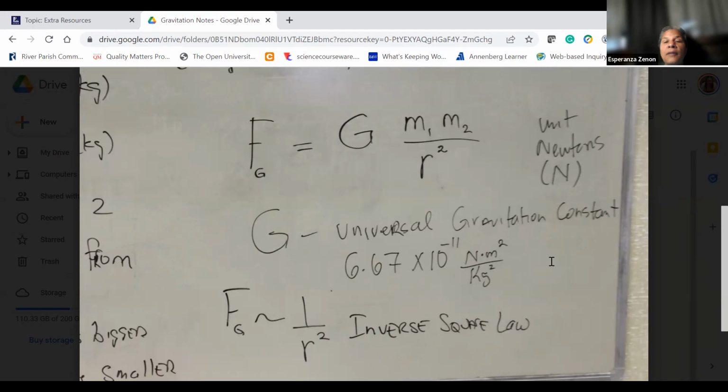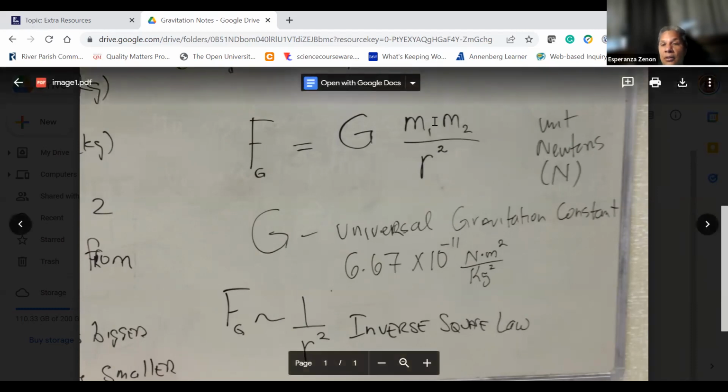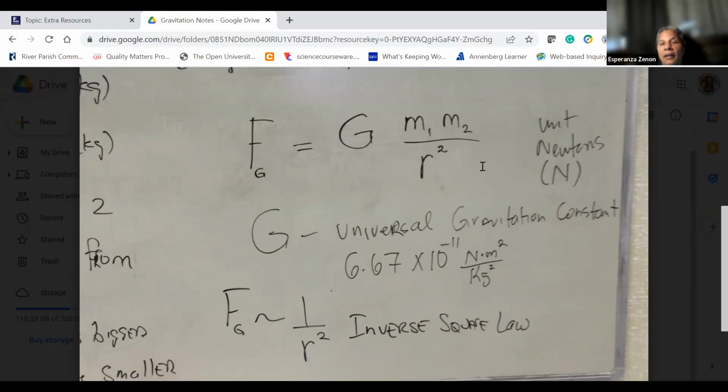All right. But if we start using big objects like the earth, okay, let's take that same 100 kilogram apple times the mass of the earth, which is 10 to the 24 kilograms. Now you have something to work with to cancel out some of this negative 11.